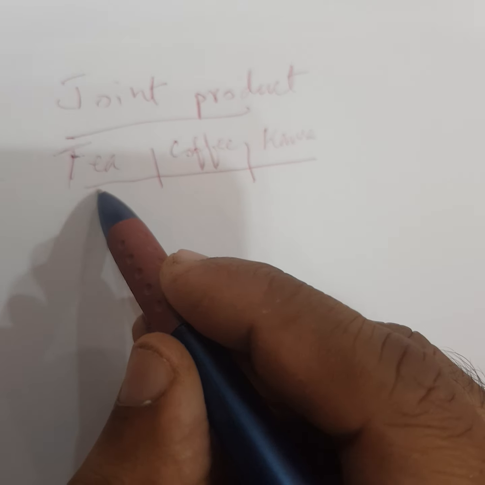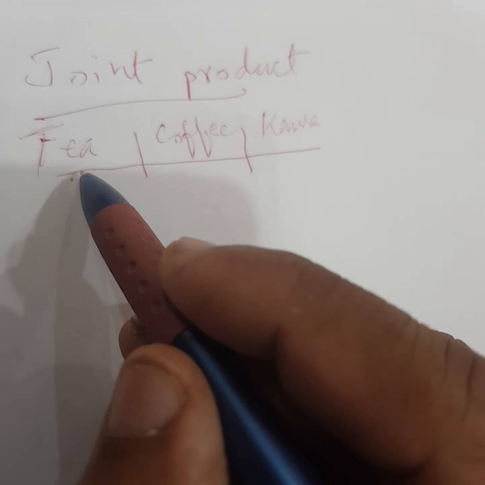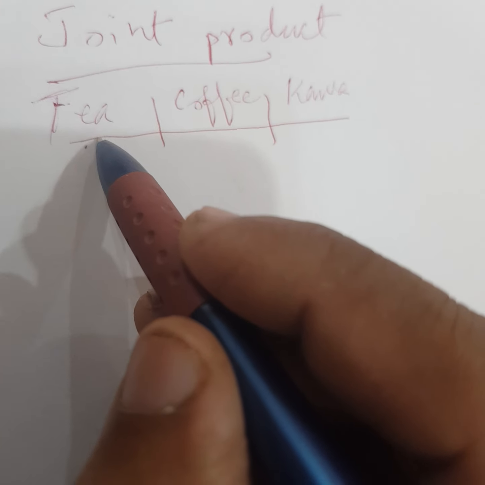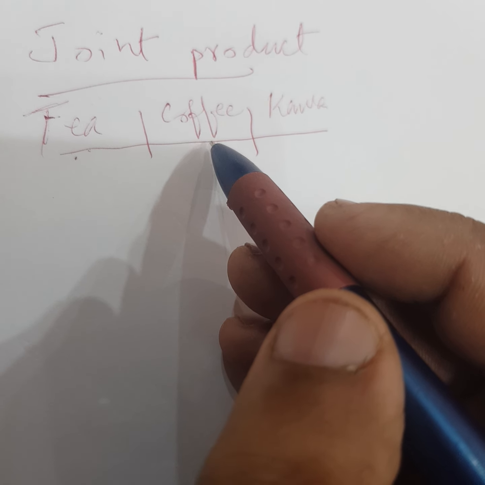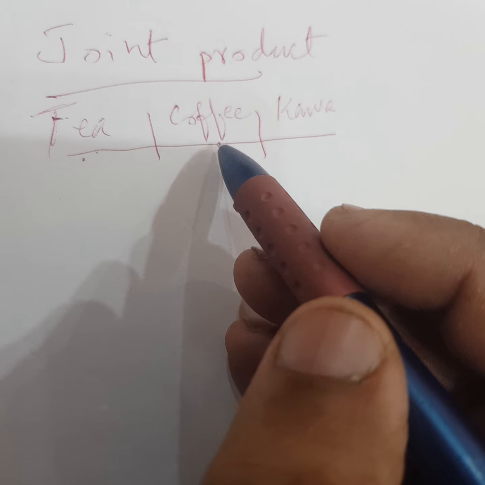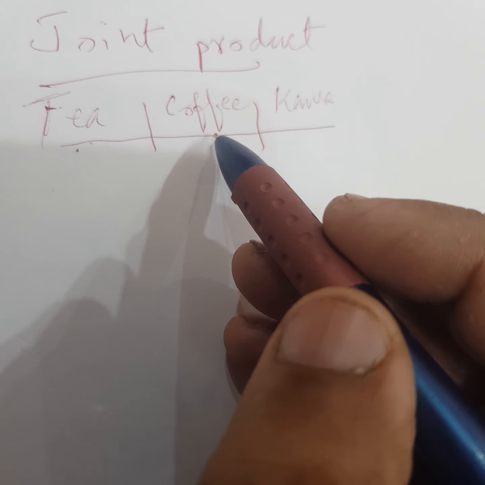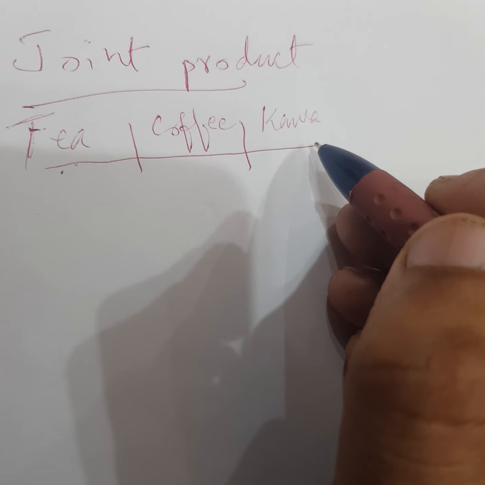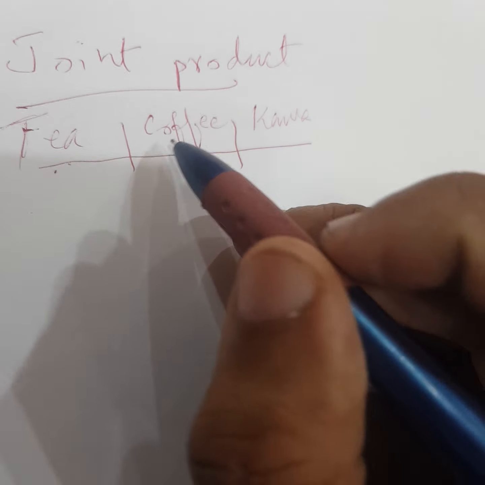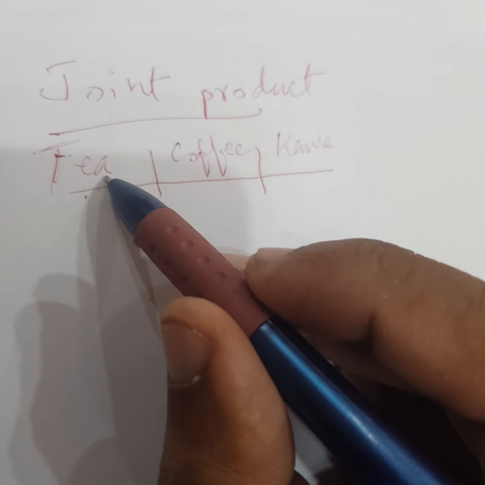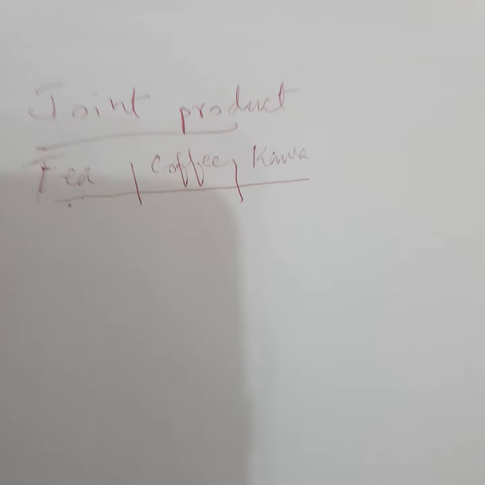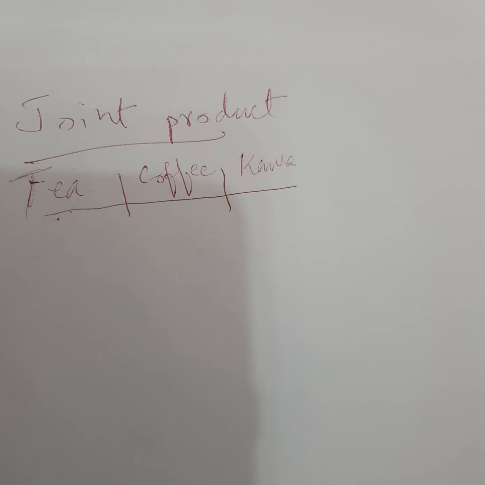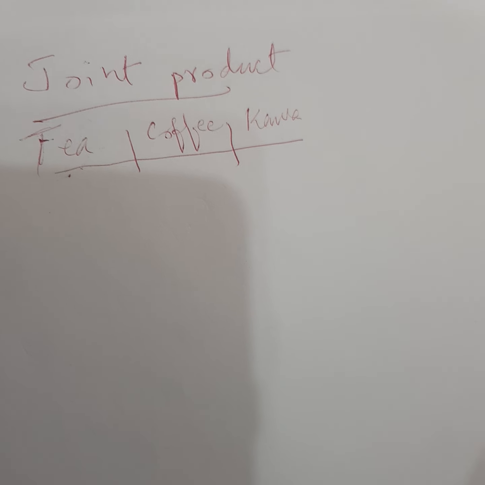Like in making tea we use a tea bag, but the remaining inputs remain the same. In coffee making, all the ingredients are the same except the coffee ingredient. In kava we don't need any milk, we don't need any coffee, but yes, a tea bag is needed to make kava. So these are the joint products in which the inputs are common.